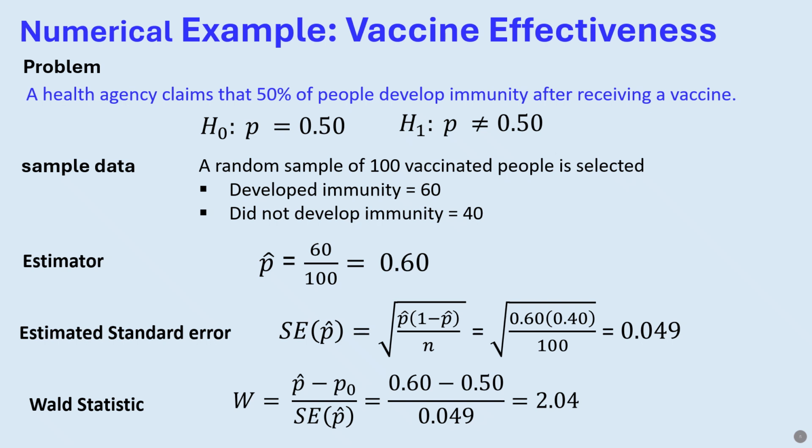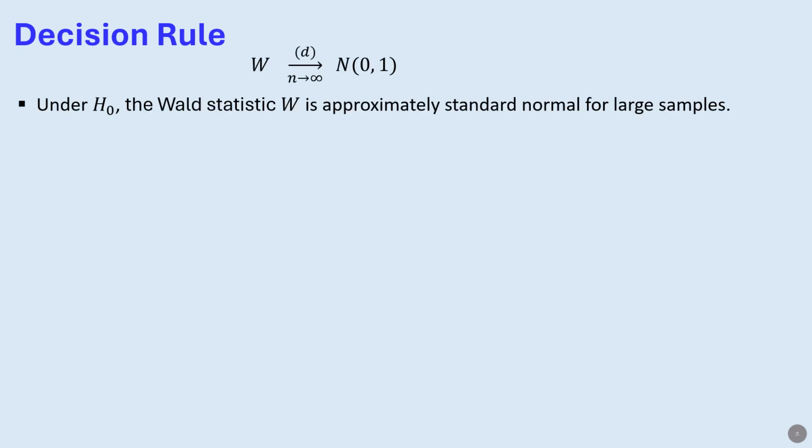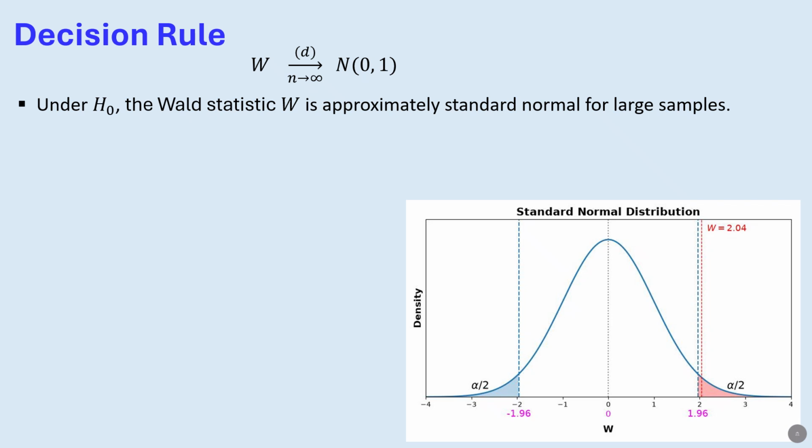In the next slide, we'll compare this value with the critical values from the standard normal distribution to decide whether we reject the null hypothesis. We are now ready to make our statistical decision. Under the null hypothesis and for large samples, the Wald statistic is approximately standard normal. Therefore, we use the standard normal distribution to determine the critical values for our hypothesis test. We choose a significance level, denoted by alpha, equal to 0.05 or 5%.